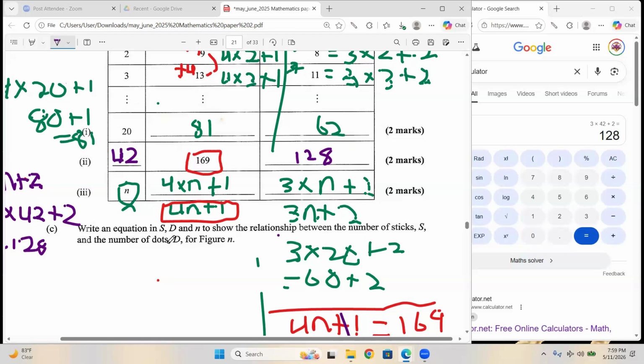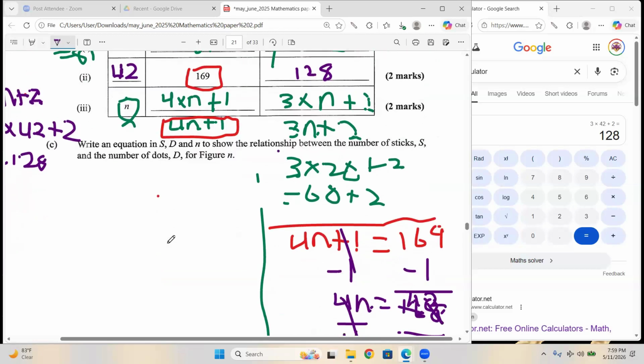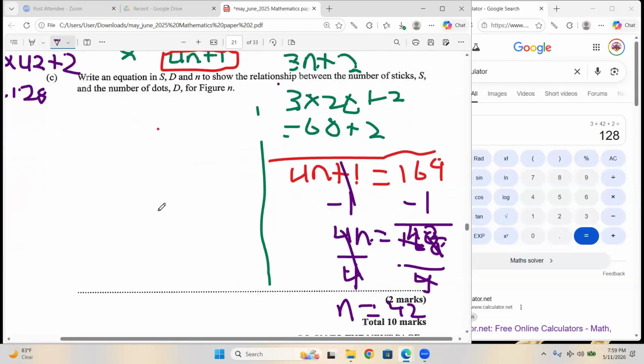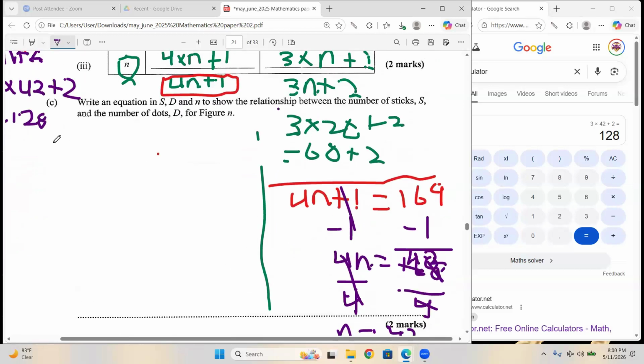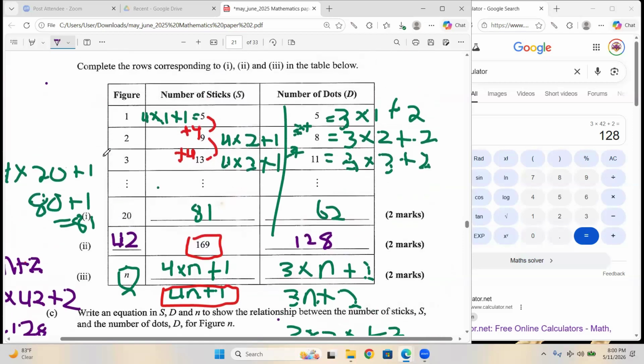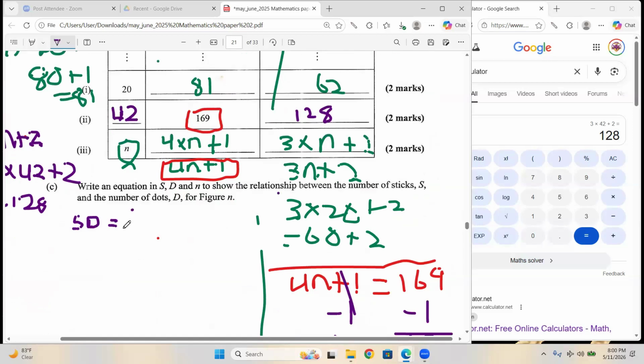I think I'll go the way of multiplication. Yeah, I'll do the multiplication version of it. So in order to find S times D, the one equation, which is sticks multiplied by dots, we take in the equations.